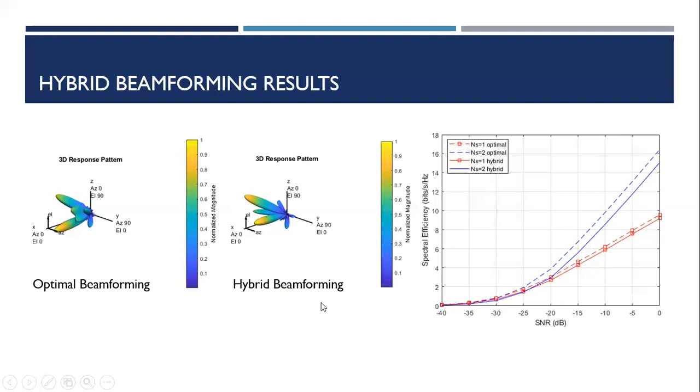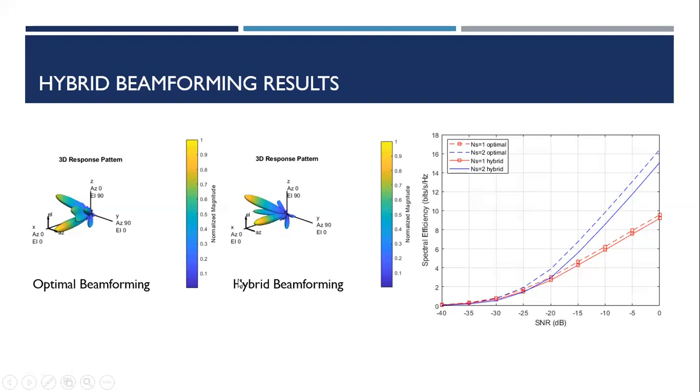So hybrid beamforming, although giving a slightly different result, is much closer to optimal beamforming at much reduced complexity, at much reduced cost, and at almost the same efficiency, and provides the same directive beams as the optimal beamforming.